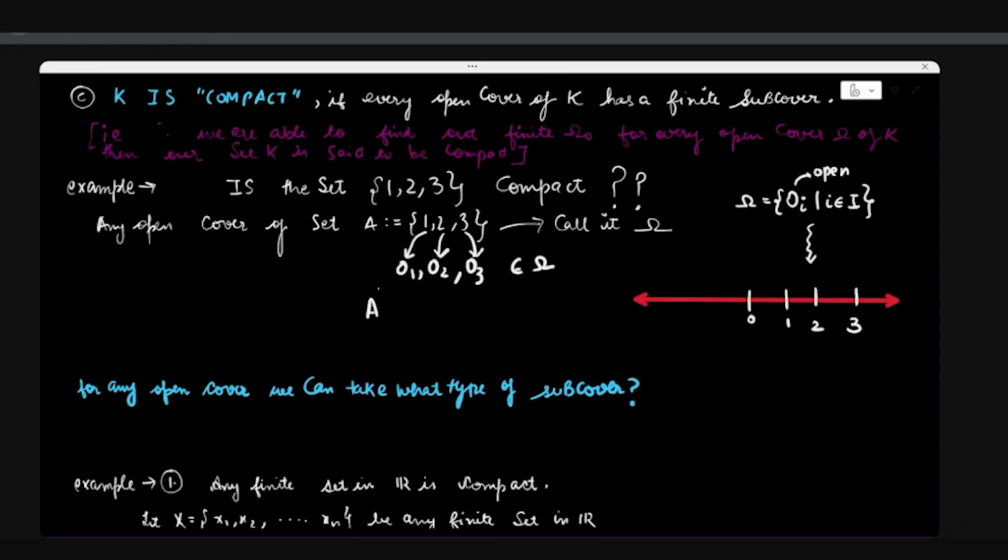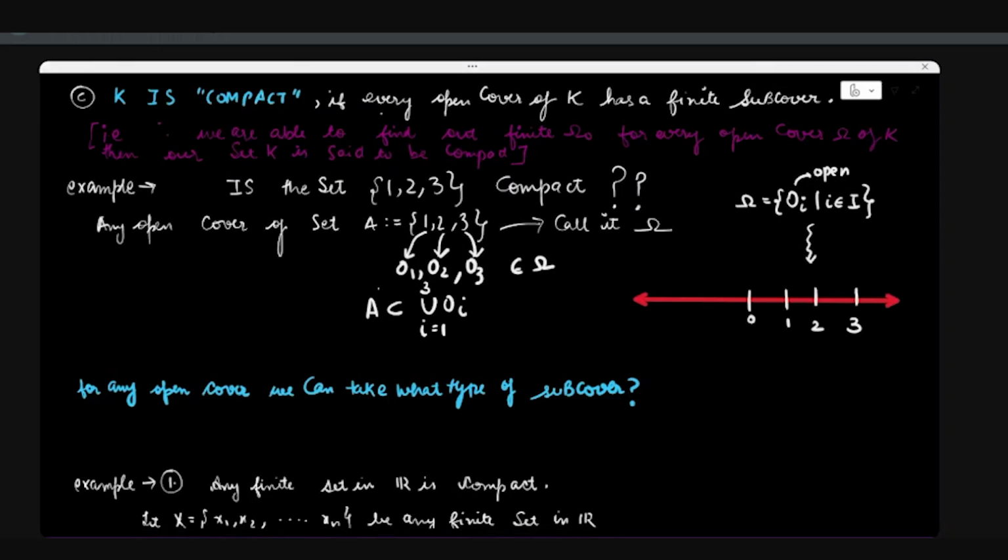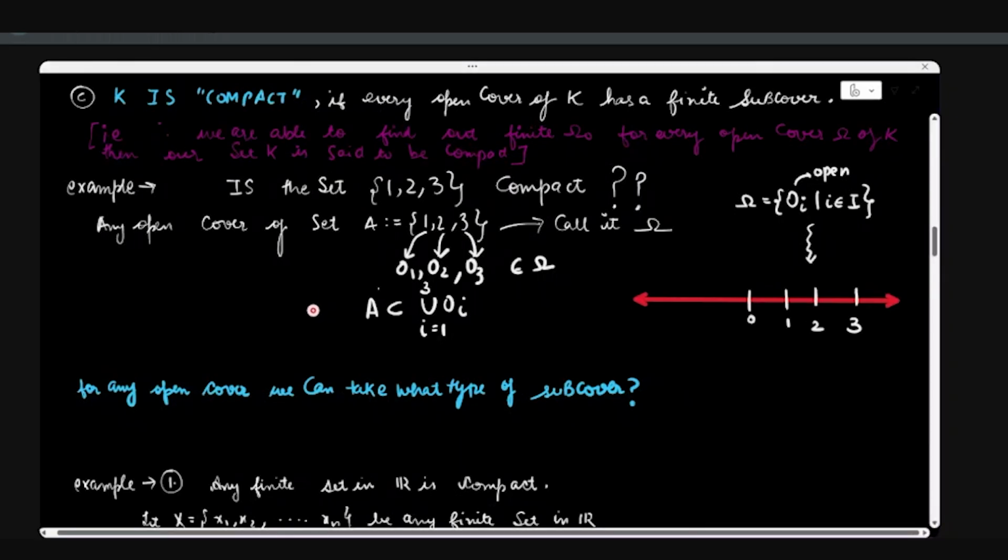So A is contained in the union of O_i where i is from 1 to 3. So I am able to find a finite subcover for the given open cover omega. This means the set {1, 2, 3} is a compact set in the real numbers.